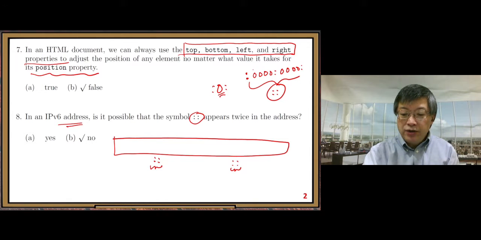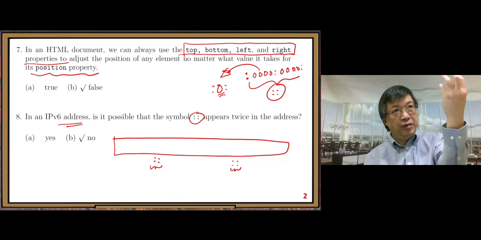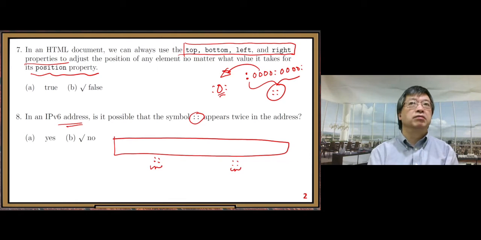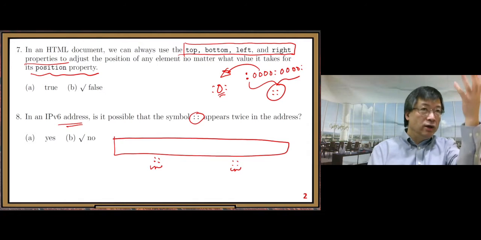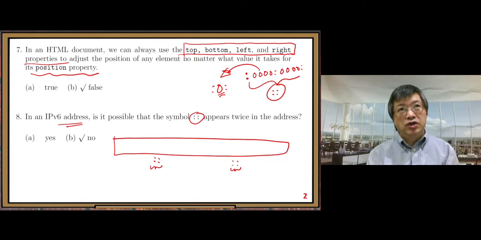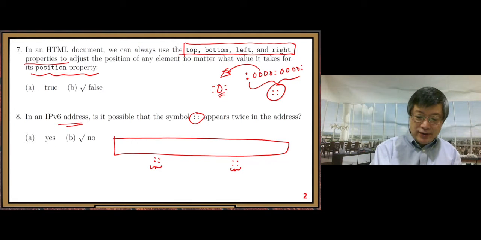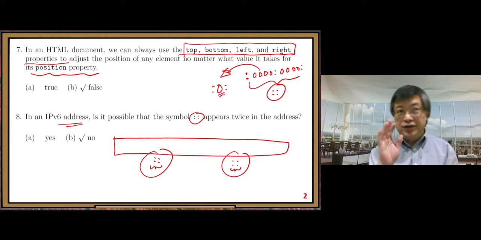One block, you use 1 0 to represent it. We cannot use double colon to do it. That is the question we did in homework 1. So I modified that slightly, and I give you this situation.